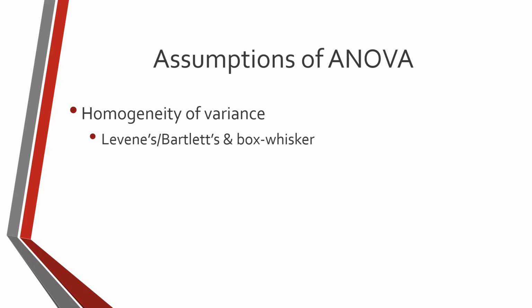To determine if this is the case, we can look at a box whisker graph and run a test for the homogeneity of variance. Levene's is generally chosen, but we also have Bartlett's as well. Just statistical tests that can give us, again, a p-value to tell us yes or no, is there the likelihood that we have an issue with that assumption or not.